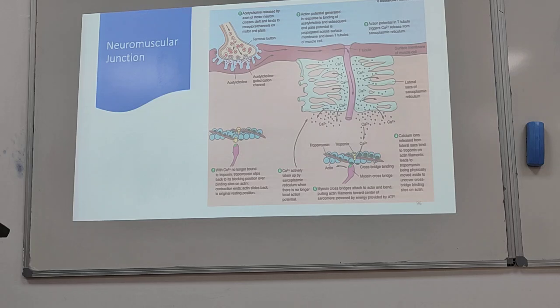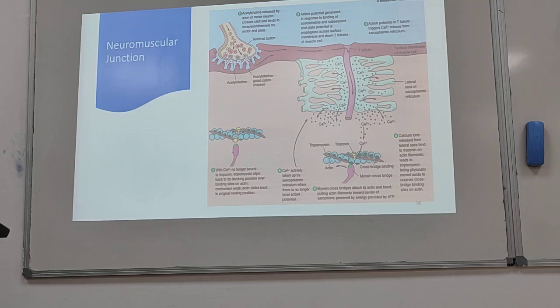Agreed. Without calcium muscle cannot contract. But without acetylcholine, action potential will not be there. If the action potential will not be there, can calcium be released? No. No acetylcholine, no contraction. Low acetylcholine, less contraction.